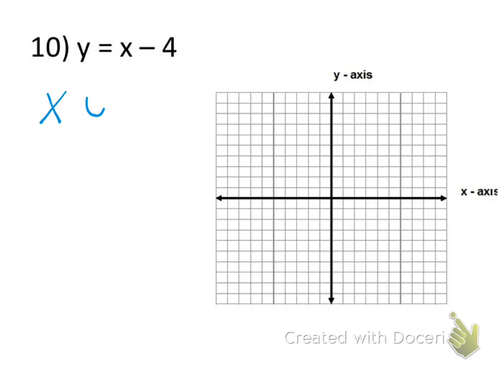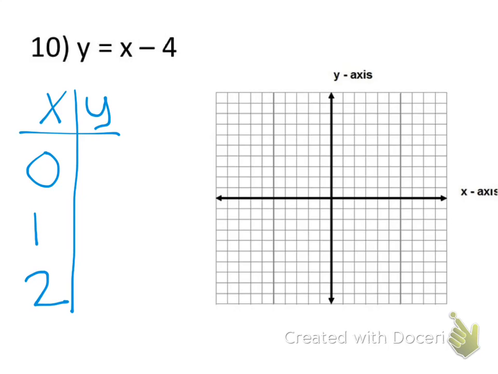Alright, y is by itself, so I'm ready to go. 0, 1, 2. Taking x out, I'm plugging those 3 numbers in. So y equals 0 minus 4. Y equals 1 minus 4.